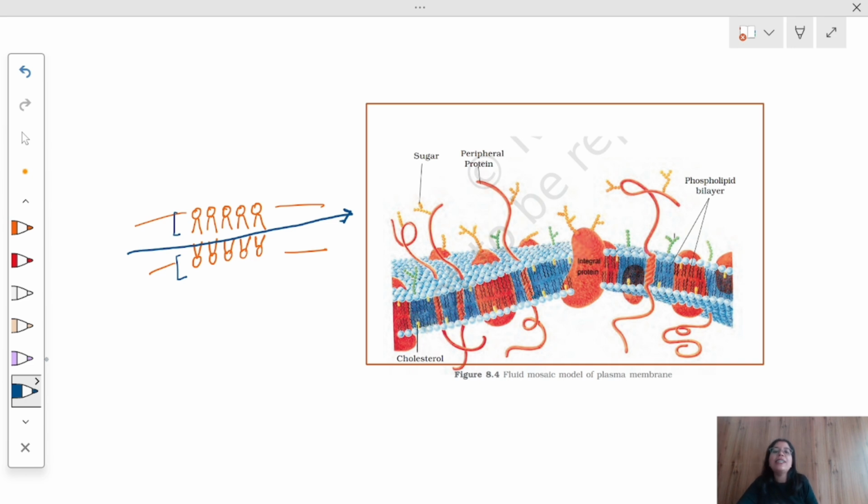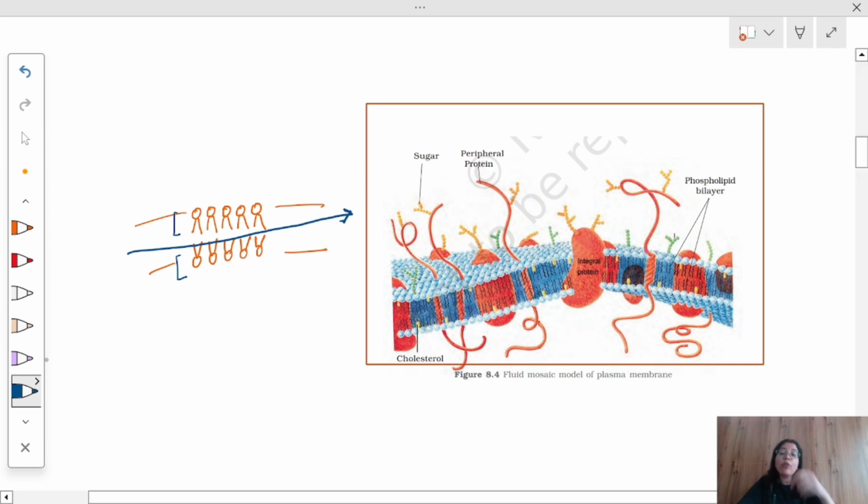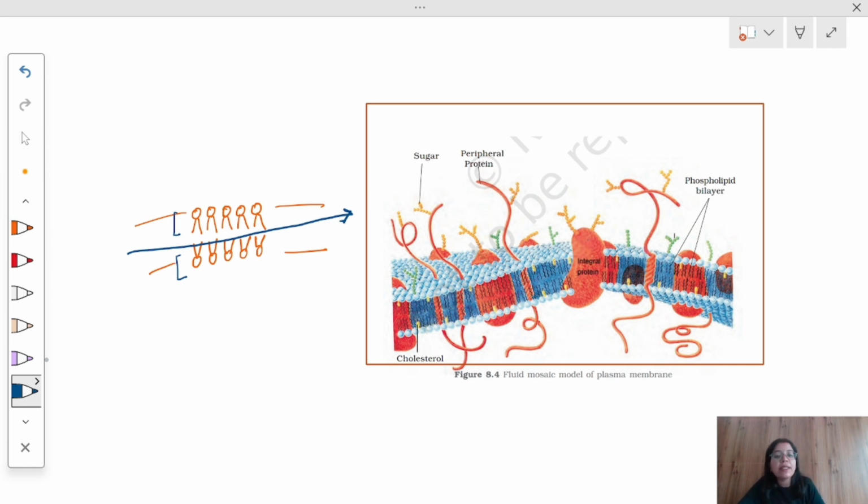So both the sides of these layers, are they symmetrical? Are they mirror images of each other? No, right? If you see in this figure itself, you can see on one side you have distribution of different types of glycoproteins and glycolipids. If you consider this is a protein, this is a protein, this is a protein, on all these proteins can you see you have certain sugar chains attached, right?